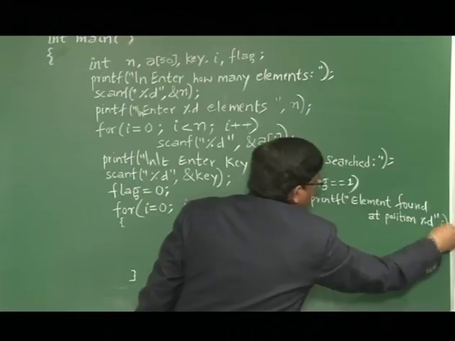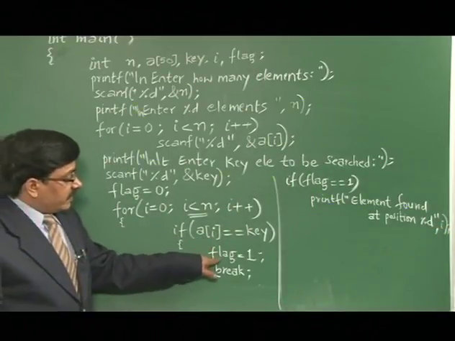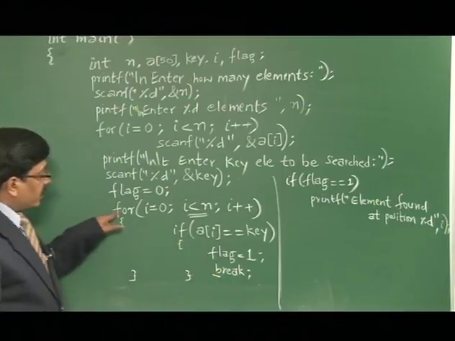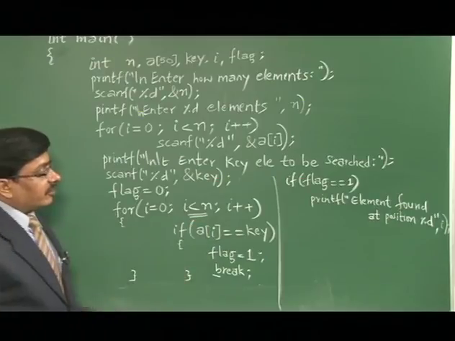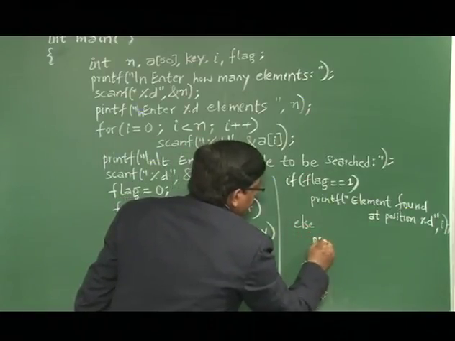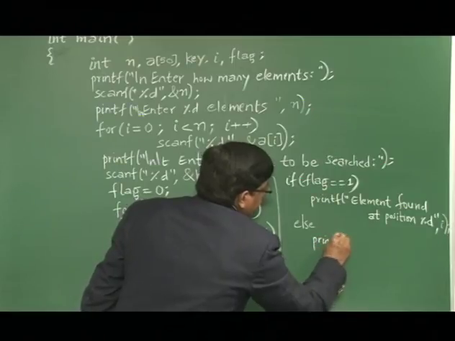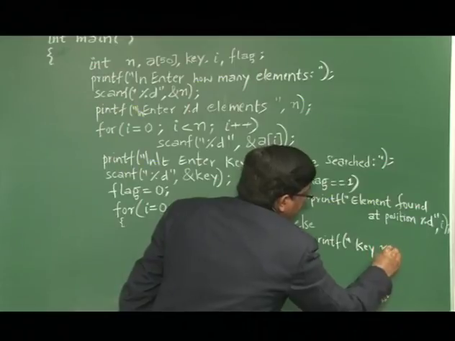So when I come out of the loop, when we have found the key value, the flag has been set to 1 and we break, meaning we come out of the loop. When the flag was set to 1, whatever the i value was there will get printed. Else, a normal message, that is unsuccessful search, or we can write key not found.